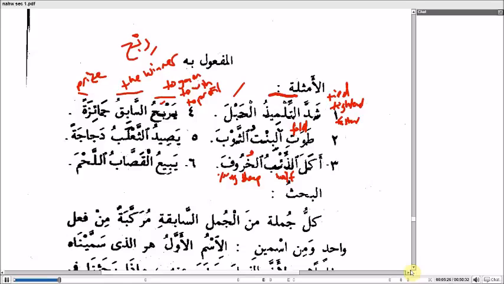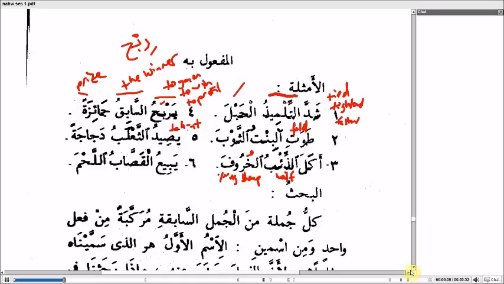Abdullah. نعم. Read number 5. يصيد الثعلب دجاجة. Yasidu, to hunt. Right?